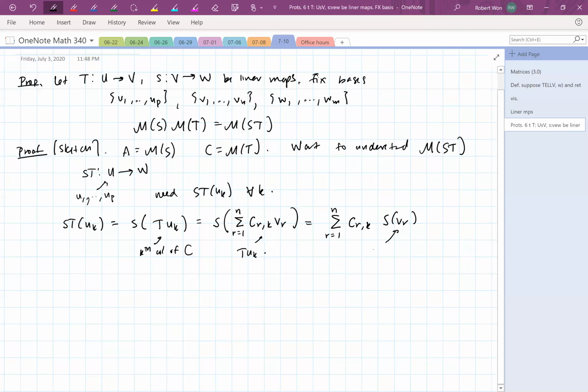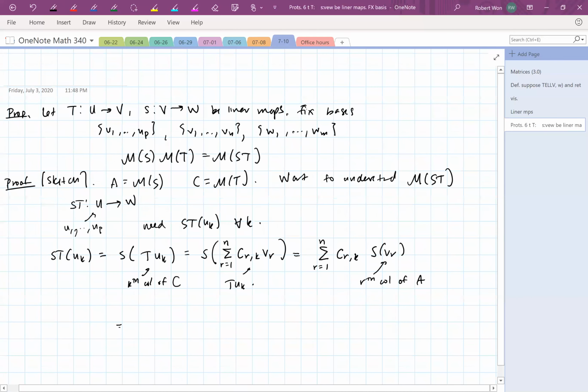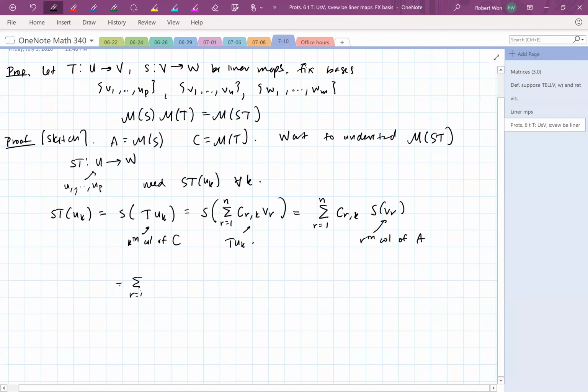You get this data from the rth column of A, because A is the matrix for S. A tells you exactly what S does to the basis of V in terms of the basis of W. So this whole thing becomes the sum r equals 1 to n of c_rk times, now S of v_r is going to be a sum j equals 1 to m of the rth column of A in terms of the basis vectors of W.